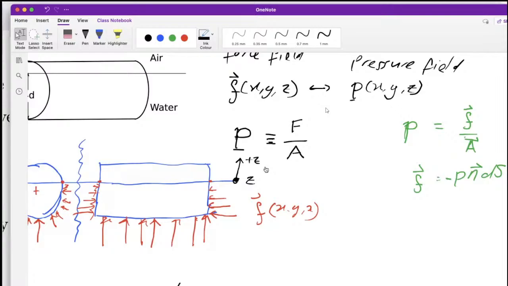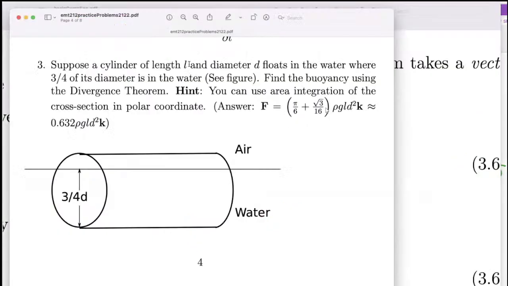This is basically what is written in my book for the calculation of this Archimedes principle. I didn't open it yet. Let me find the PDF file.